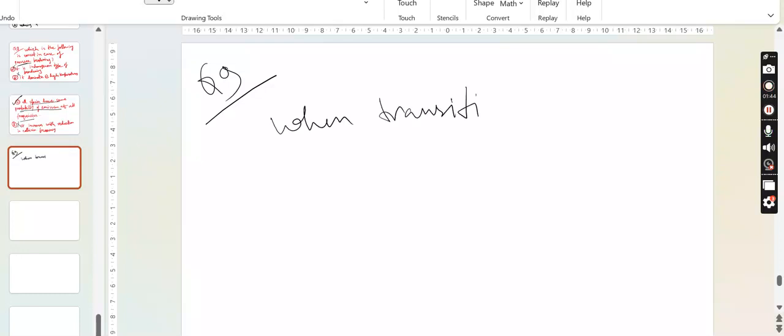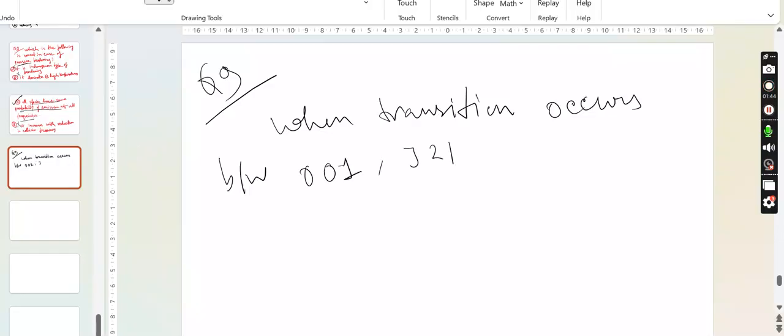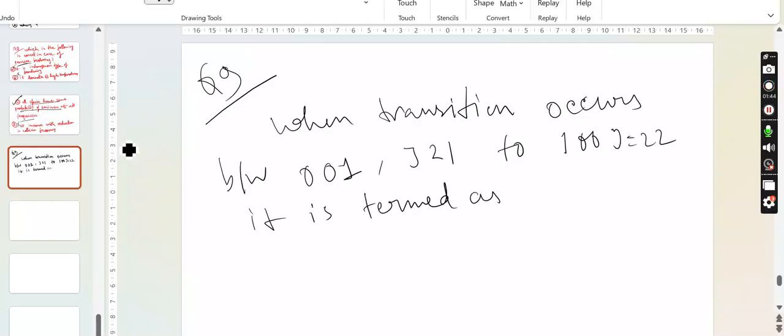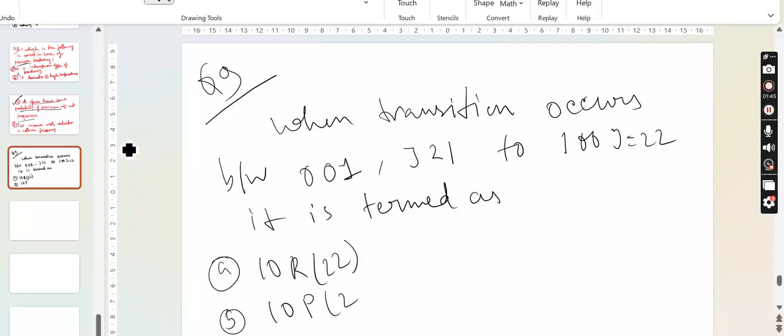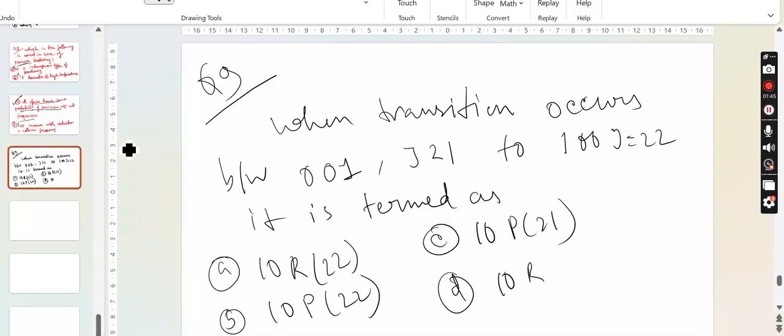Question 9. When transition occurs between 001 J21 to 100 J22, it is termed as: 10R22, 10P22, 10P21, 10R21.